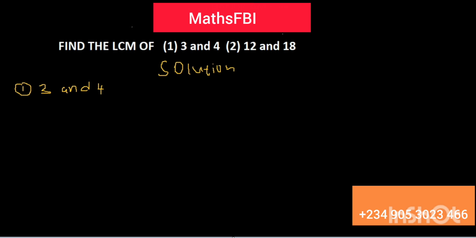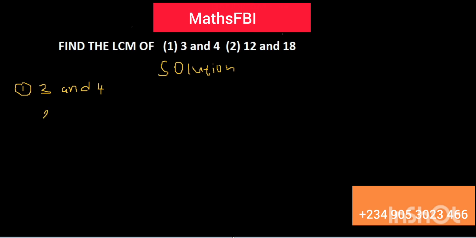And the other method is to divide through with the use of prime numbers. Now let's solve question number 1. 3 and 4. As you can see, 3 and 4 are simpler numbers. Usually you may just go ahead and find their multiples.